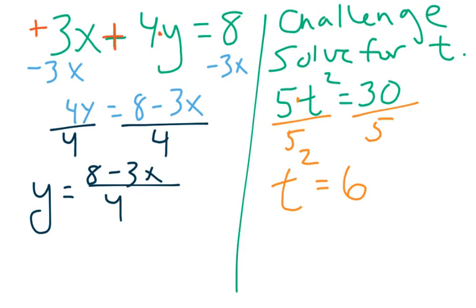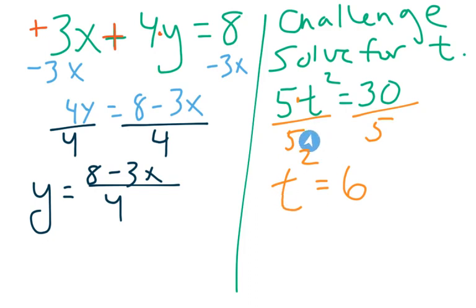But the direction said solve for t, not solve for t squared. And we haven't covered this. That's because this is not a linear equation. This is a quadratic equation. So it requires us to access some other information. How do I undo squaring? Remember from last lesson, solving an equation is all about undoing what you did.